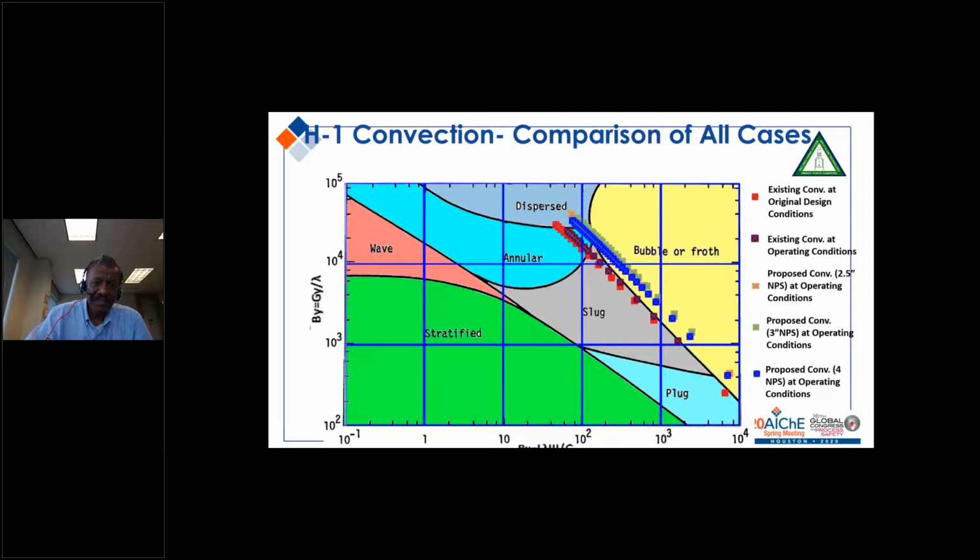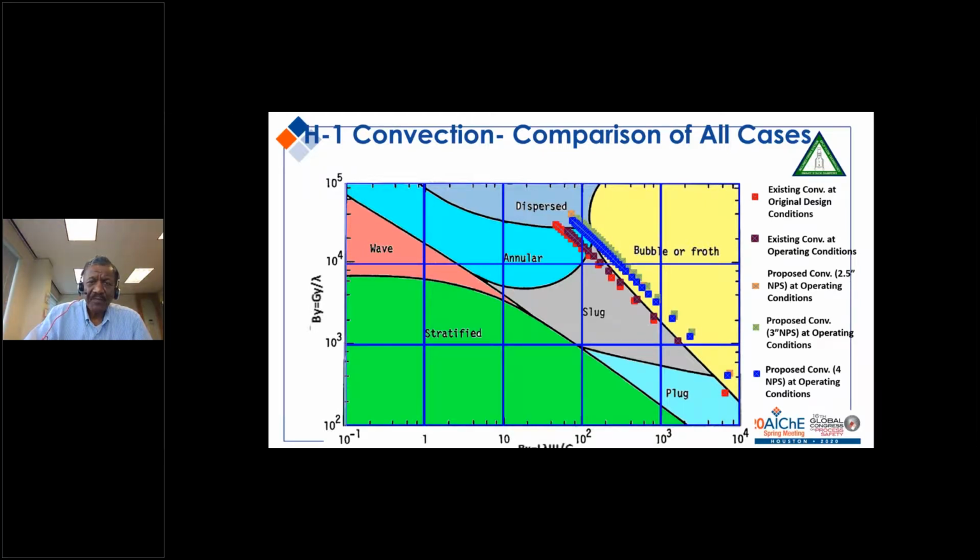So this is stratified flow, again a Baker's chart. This is wave flow, annular flow, slug flow, plug flow, bubble flow, dispersed flow. And if you see, the existing convection section at the original design conditions is the red one, and that is basically in the slug regime. We also did the operating case for the existing convection section, and that was also in the slug regime.